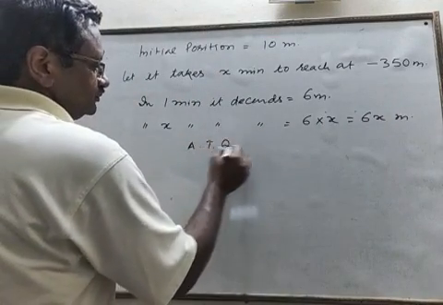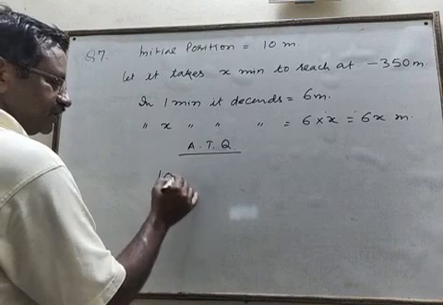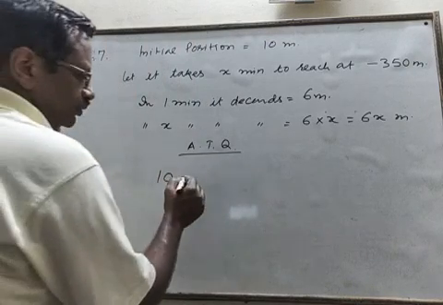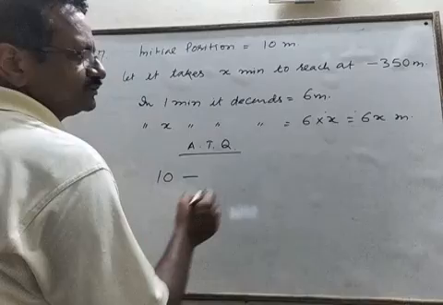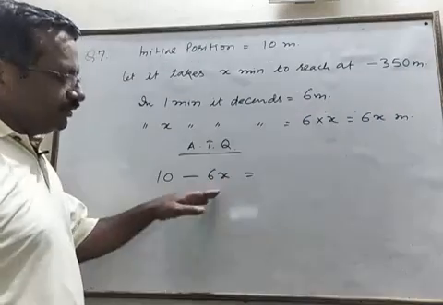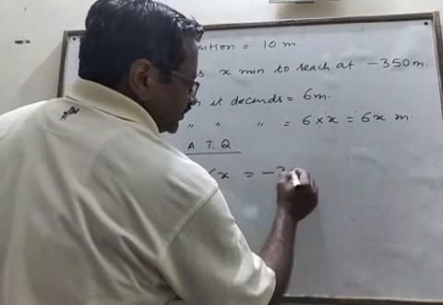According to question, 10 meter, that is initial stage. You can remove the meter, you can put in the answer 10 minus 6x, because we are descending, so we are subtracting, and the answer we need minus 350.